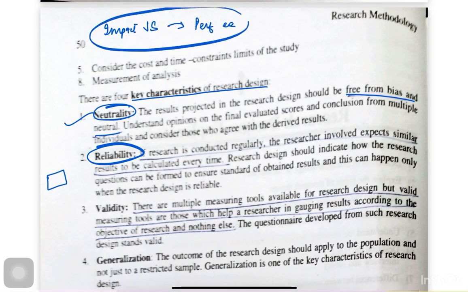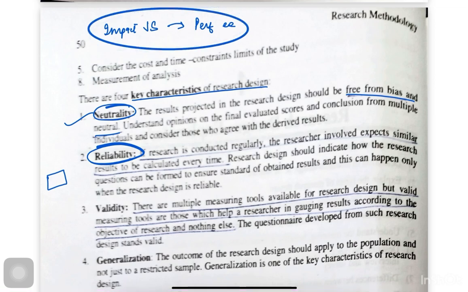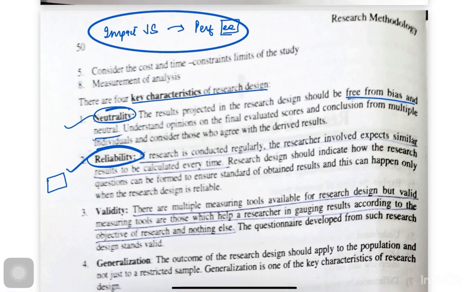This is the example we'll consider for the whole chapter for understanding purposes. Reliability, as per this example, means that if we are doing research on particular employees of a particular company, say a group of 20 employees, it should be reliable for other 100 employees as well. Then we can say that the reliability principle is being followed, right?